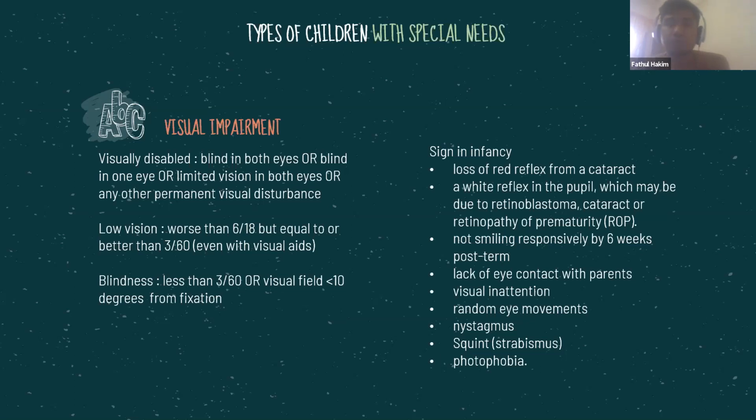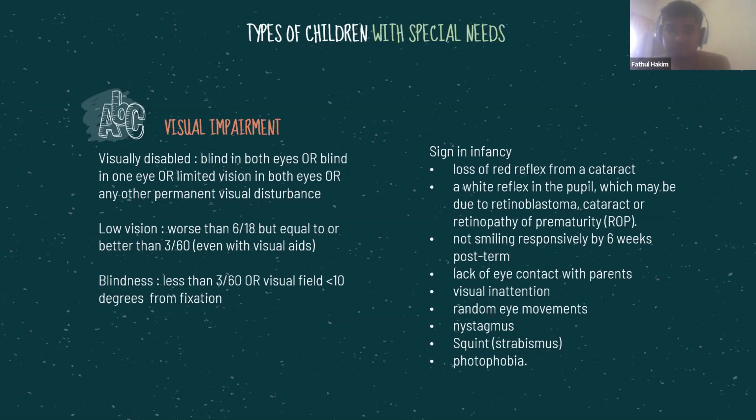So how do we know that this infant has visual impairment? There is loss of red reflex from a cataract. As you know, red reflex is from the light reflection from the retina. So cataract is opacity in the lens, or there is a white reflex in the pupil due to retinoblastoma, cataract, or retinopathy of prematurity.